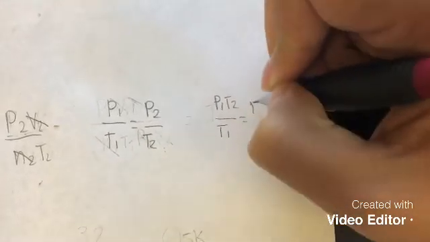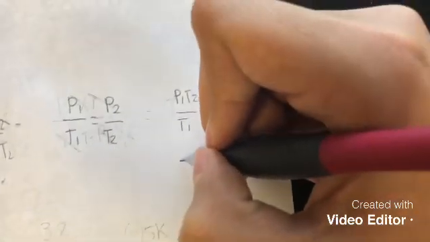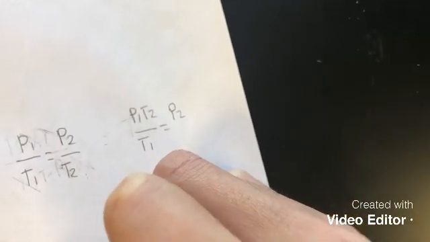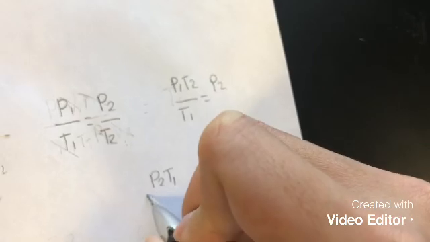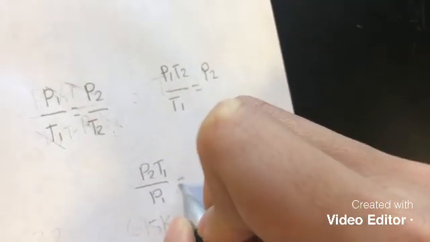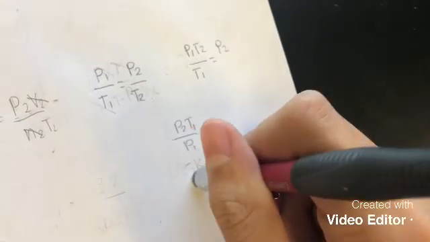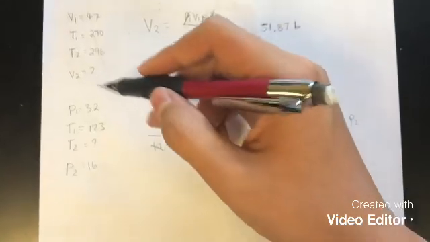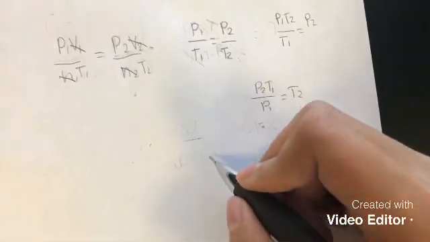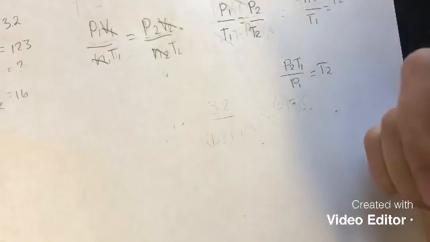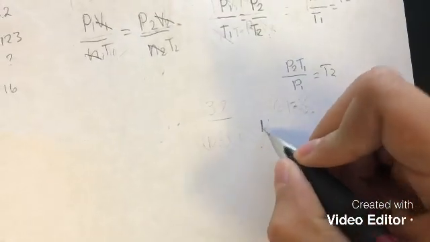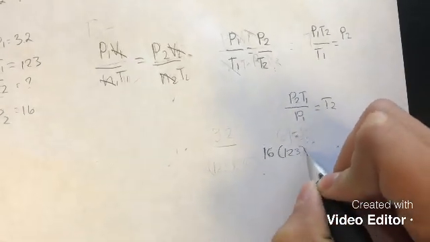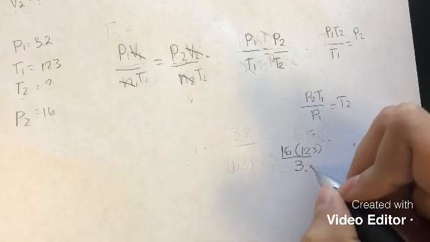And then this should be simple from now. It's pretty easy, so you get P2 times T1 divided by P1 equals T2, and if you put that with the values that are given, you would get P2, which is 16, times the first temperature, which is 123, divided by 3.2, I believe.